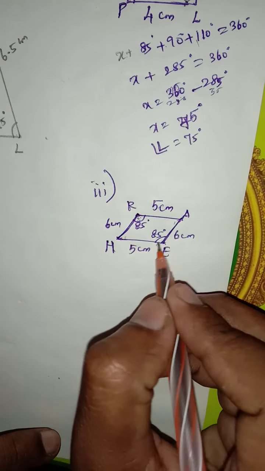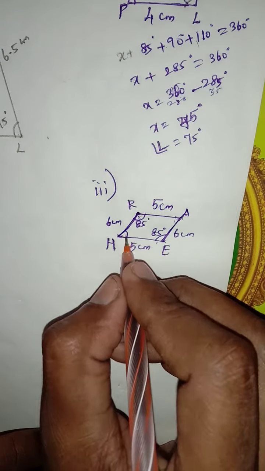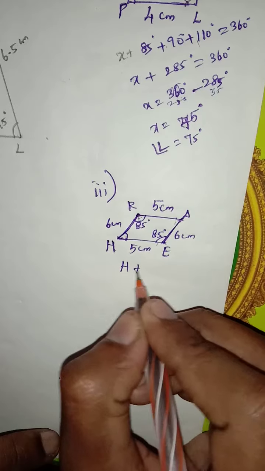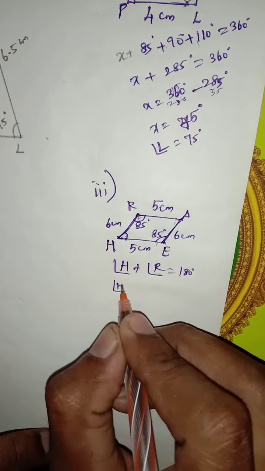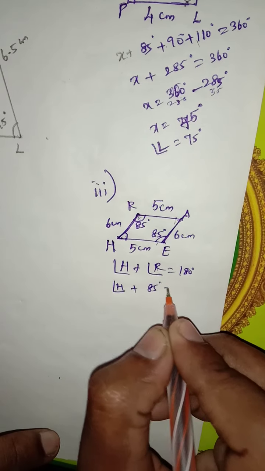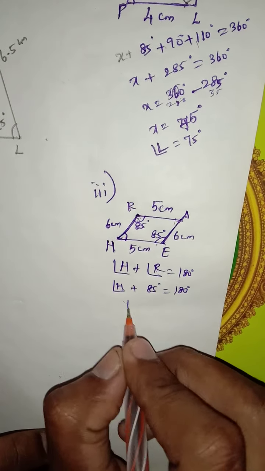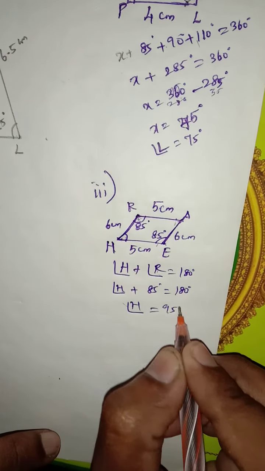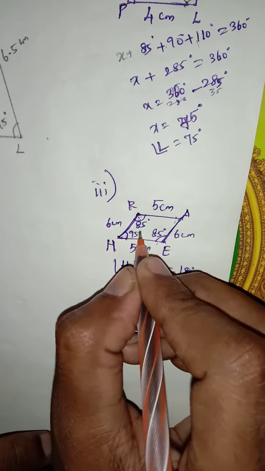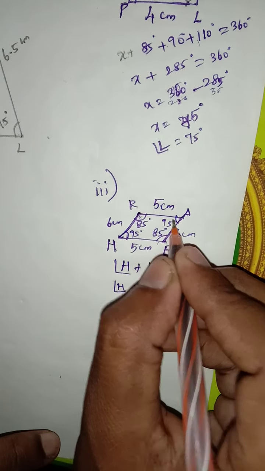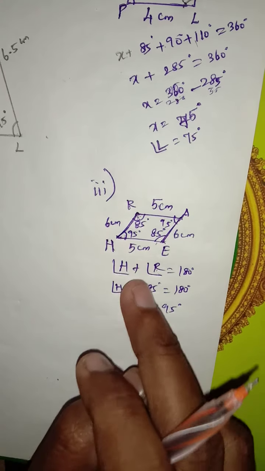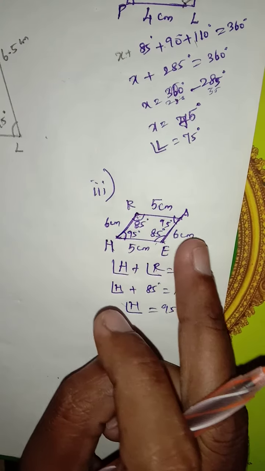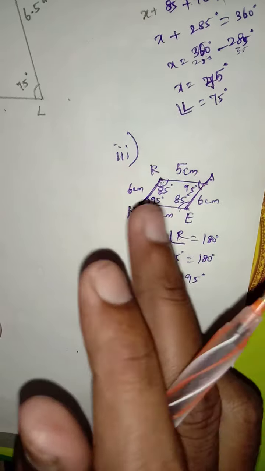And the sum of adjacent angles, angle H plus angle R, equal to 180 degree. Angle H plus 85 degree is equal to 180 degree. Solving this, angle H is 95 degree. So this is 95 and this is also 95 degree. We know all the sides and all the angles. By having this information, you can construct a parallelogram.